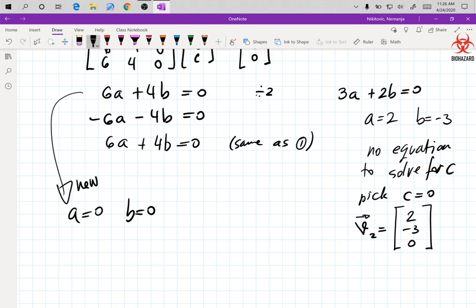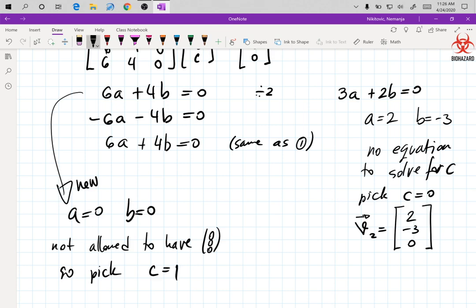So we have A equals 0, B equals 0, and then you pick a non-zero number for C. Because, again, not allowed to have 0, 0, 0. So pick C equals to whatever value: 1, 2, 3, 7, negative 30.